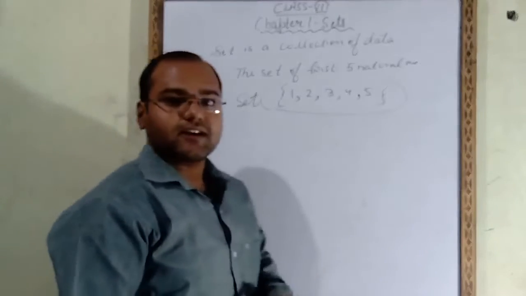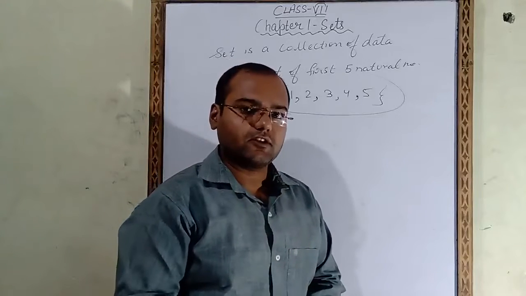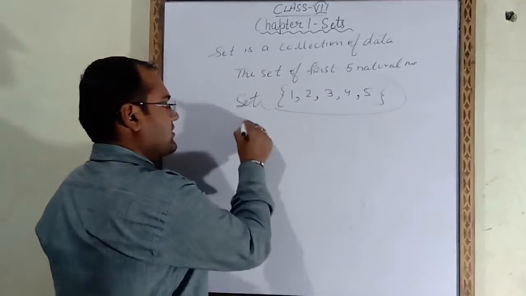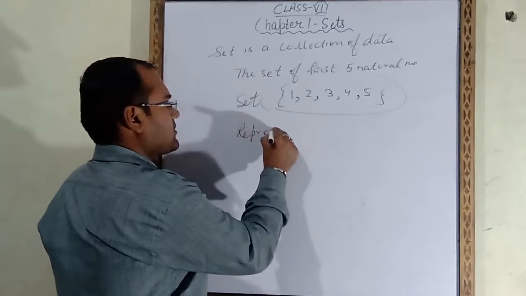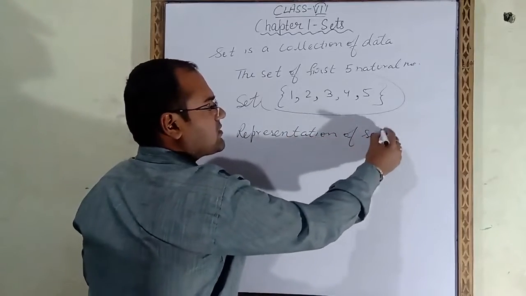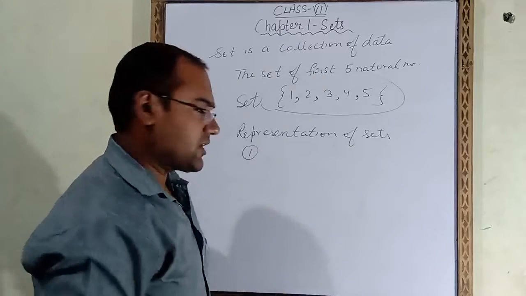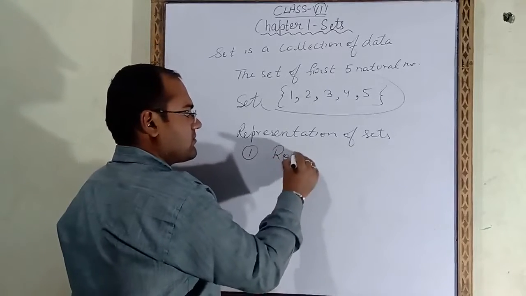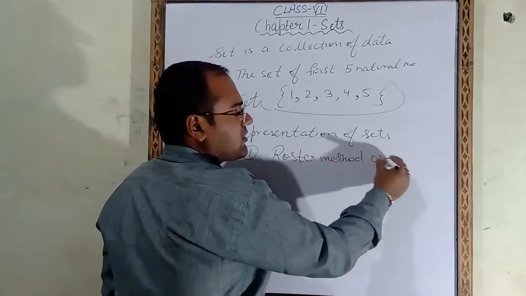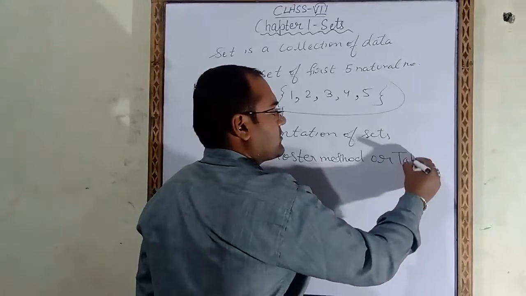So to represent a set there are 2 methods. You have to remember how many methods there are to represent a set. Representation of sets: there are 2 methods. The name of the first method is the roster method, or another name for the roster method is the tabular method.